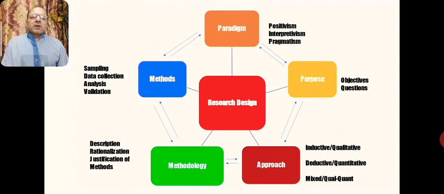There are a number of paradigmatic positions, and the most important ones are positivism, interpretivism, and pragmatism. Positivism is the school of thought that believes in the objectivity of social reality. Interpretivism is based on the philosophy that reality is mostly interpretive and subjective, and is based on the interpretation of the individual.